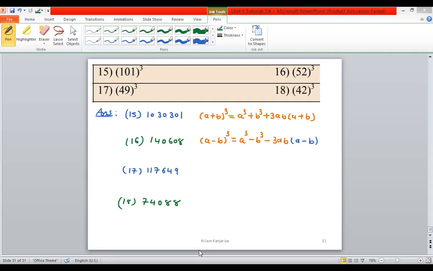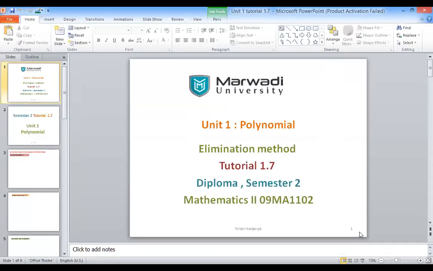So we avoid this tutorial 1.5 and 1.6. It's a method of substitution. It's over. Then I'm taking the new tutorial, 1.7. So hope you don't mind.